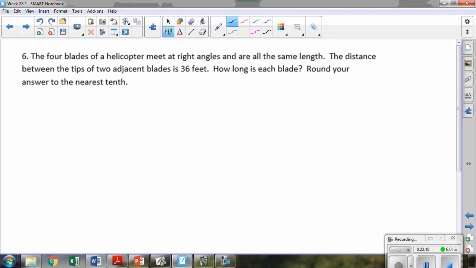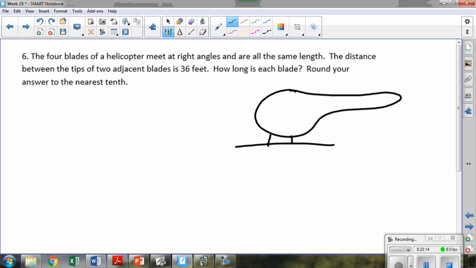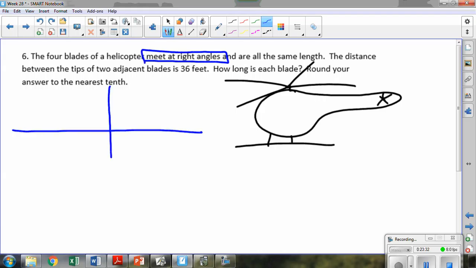Okay, so you get to make fun of my crappy pictures again. Helicopter, woo! One, two, three, four blades. Our helicopter has four blades. And we're told they meet at right angles. So this is what's going on.